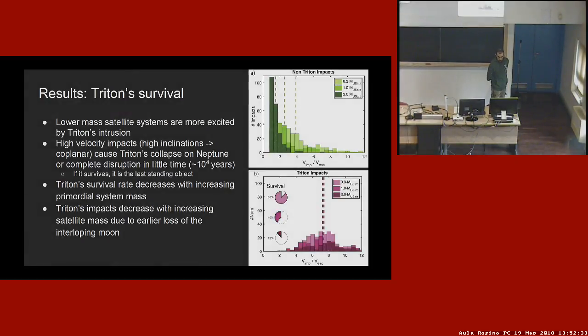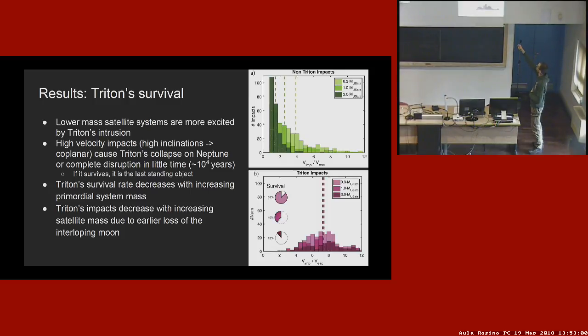So, further in detail. First panel I want to show you is the relative velocity of the impacts, because of course when Triton enters the system, it excites the system, and the orbits of the moons can cross each other and start to impact. So here we have the distribution of the relative impacts between the original Neptune moons, and these are the velocities of the impacts on Triton.